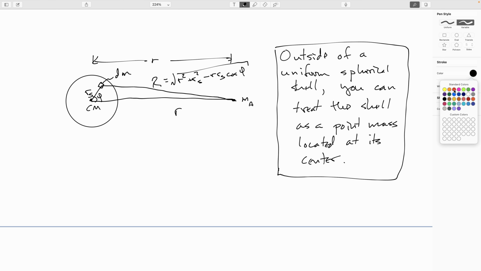And this will give us a differential contribution of the gravitational force, dF sub G, like that.